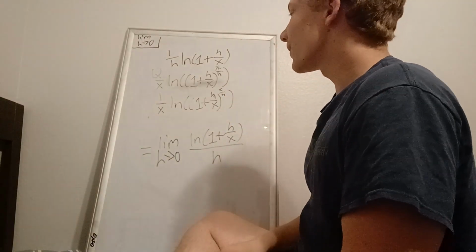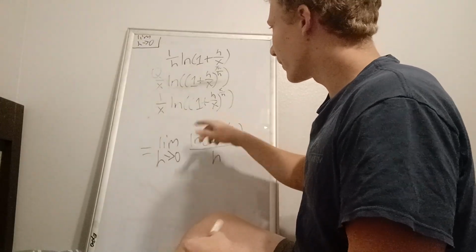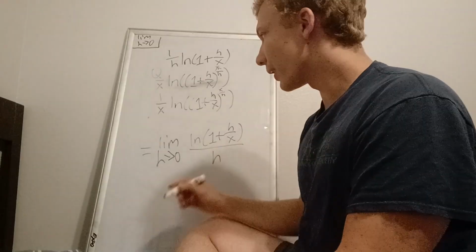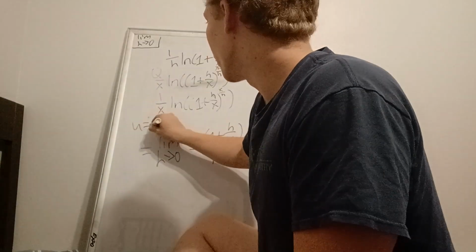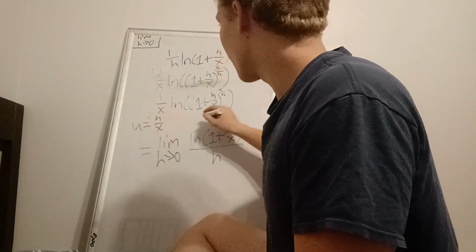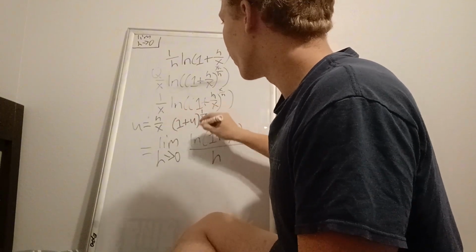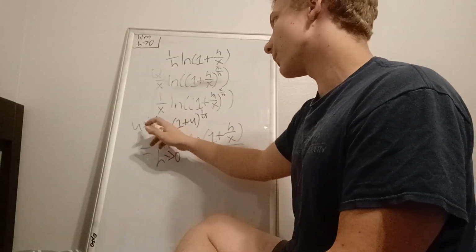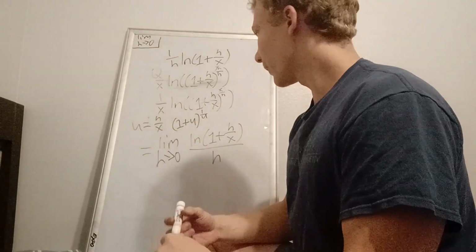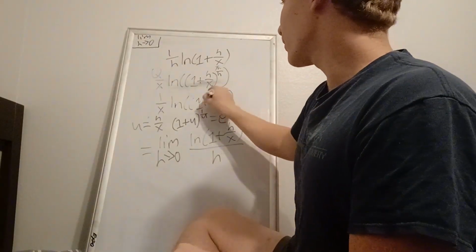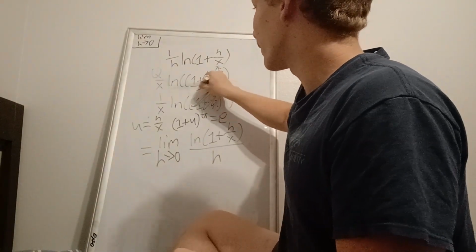Now, since it's the limit as h approaches 0, this is actually the exact definition for e that we had before. Just imagine u equals h over x, and so it's 1 plus u to the 1 over u. And since h is approaching 0, u must also be approaching 0. So this is equal to e, which means that this whole thing is equal to e.